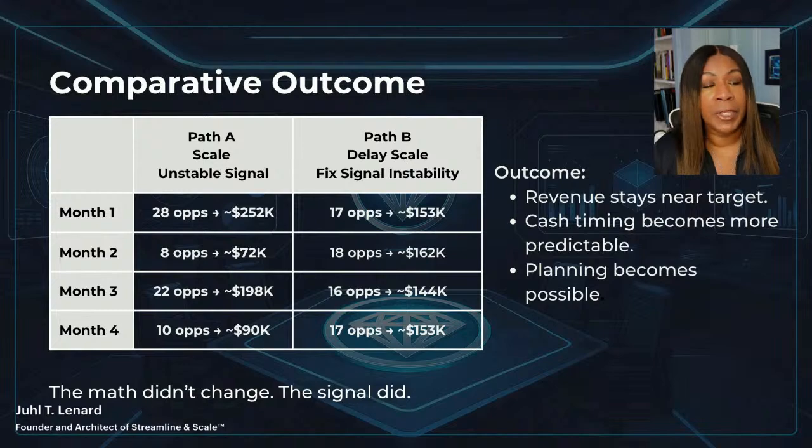Path B is fairly consistent. 17, 18, 16, 17, you can work with that, right? The revenue stays near target. The cash timing becomes more predictable, and planning becomes possible. The math did not change. The signal did. I'll give you a moment to look at that.